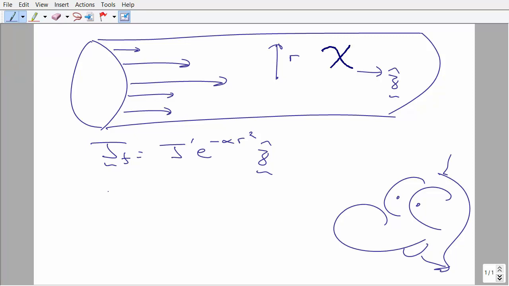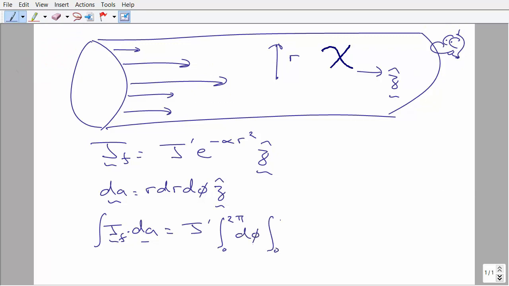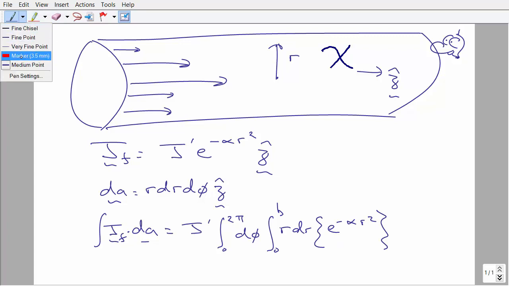So our dA is going to be the following. Okay, so there we go, there's our integral.